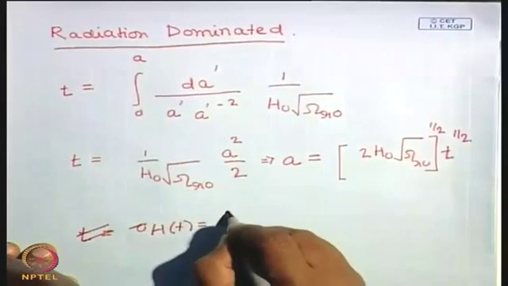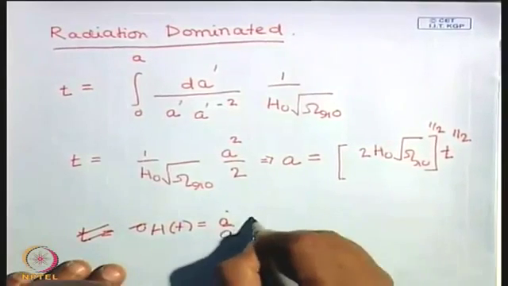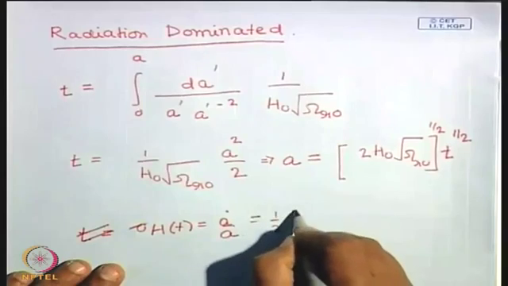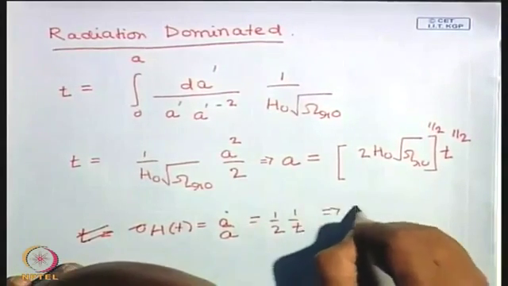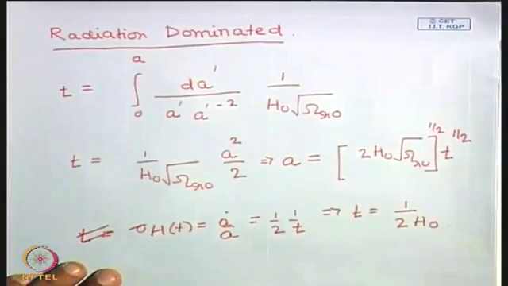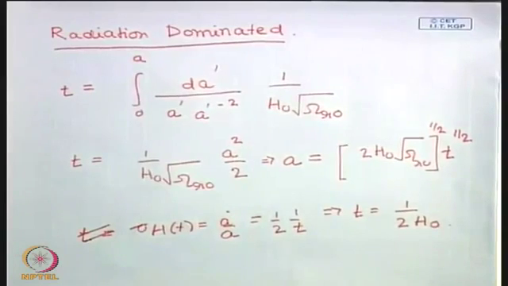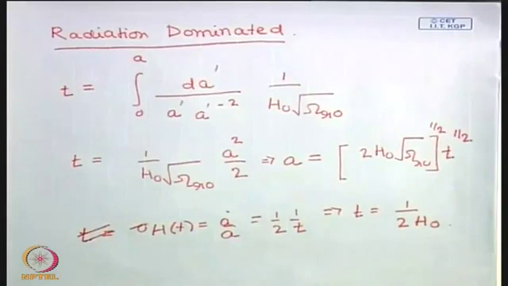For t to the power half, a dot by a is going to be half of 1 by t, or t is equal to 1 by 2 H. So this is the dynamics of the equation in a radiation dominated model. The universe expands as t to the power half.